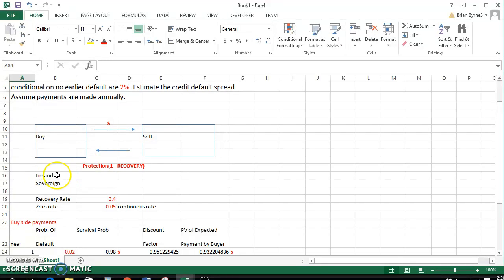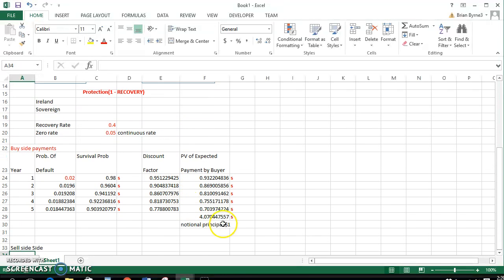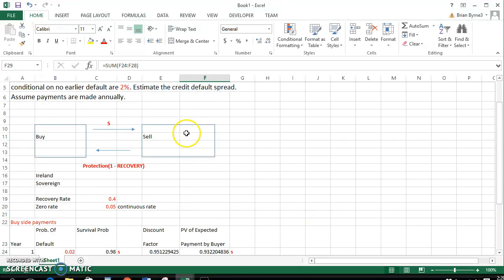There isn't a trigger event. Irish government bonds don't default, and the seller just collects those 5S, even though when we express it in present value and adjusted for survivorship, that amount is not quite 5S in present value terms, it's more like 4S.